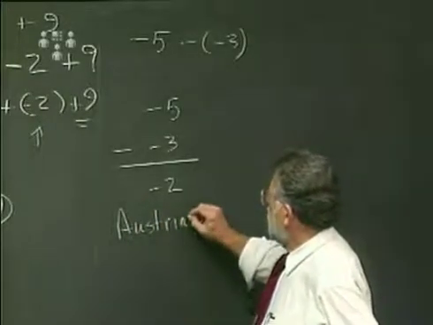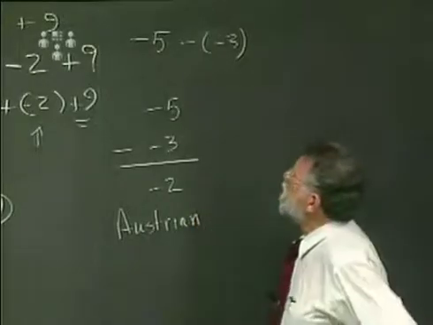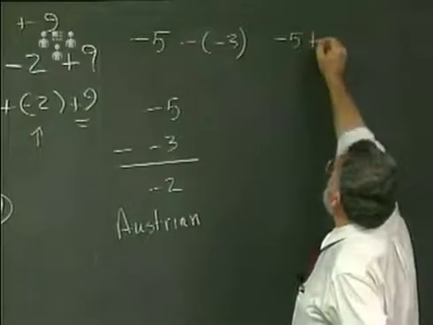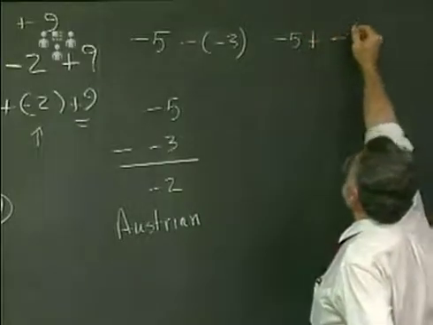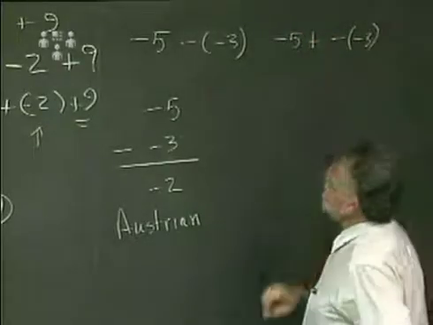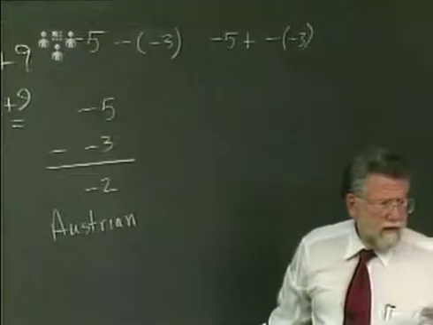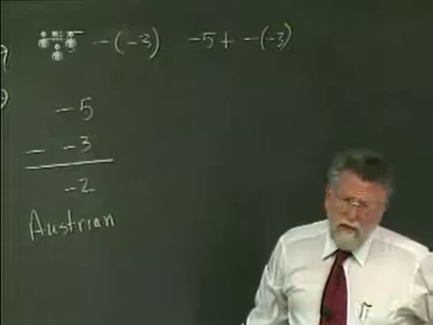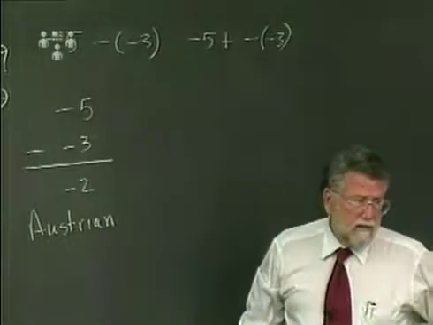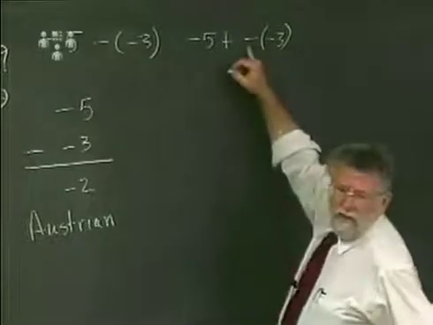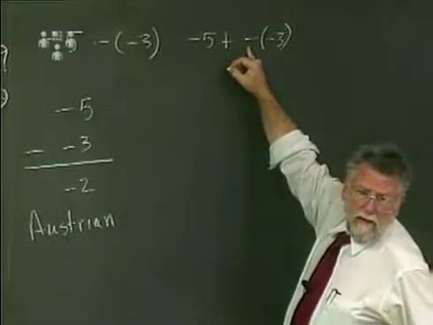However, I could say that is negative 5 plus the inverse of negative 3. But what is the inverse of negative 3? You need to know that's 3, and that's the negative of a negative. Think of it as, again, the unseen 1.